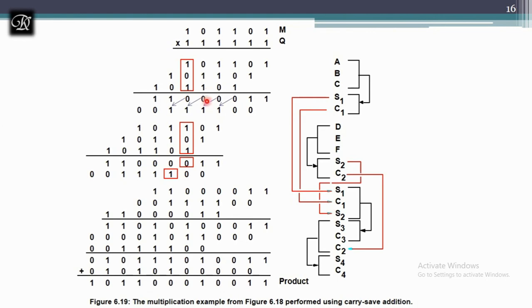And 1, so sum is 1 and carry will be 0 to the next stage. This is how we have to write. And this is for ABC, where I found the sum for ABC, that is S1, and the carry for ABC, C1.